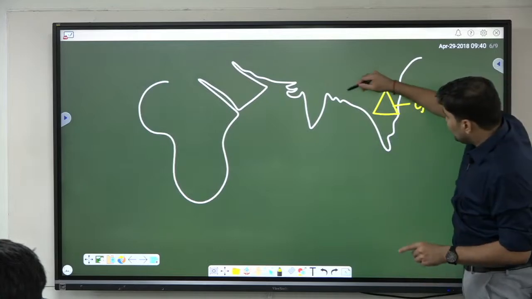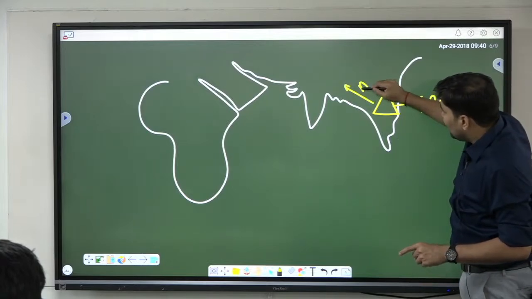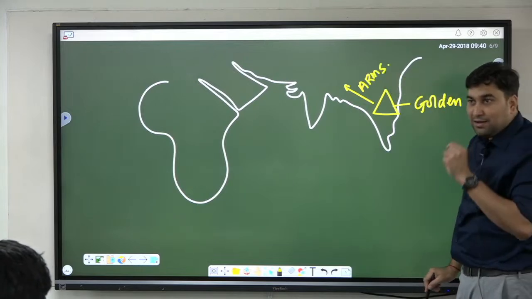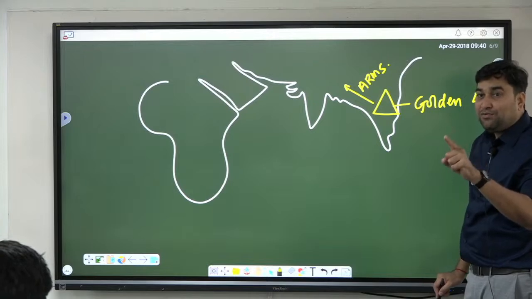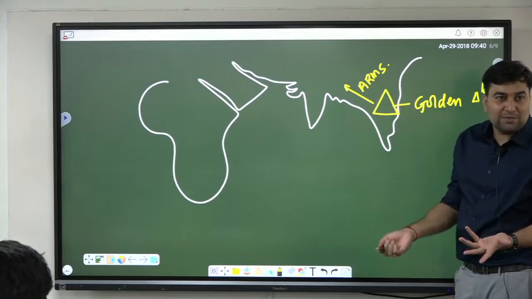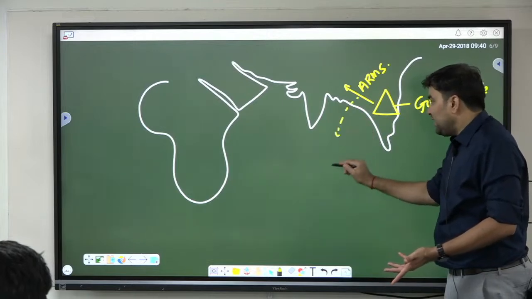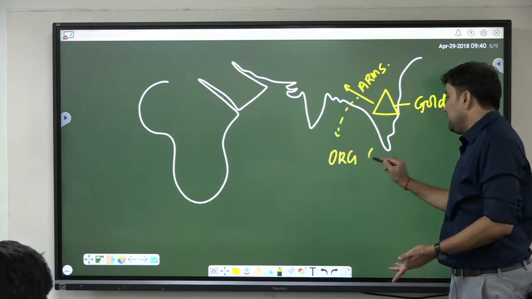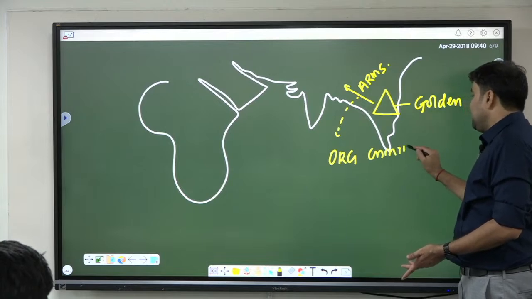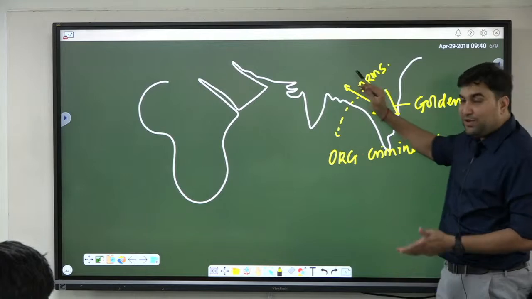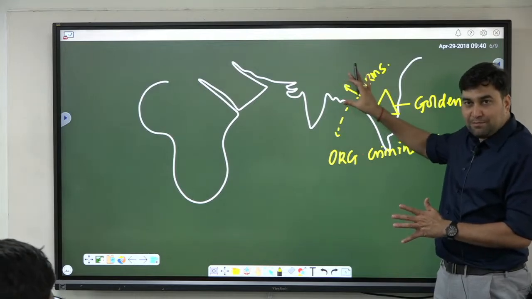So because of this easy availability of arms, getting the idea? Similarly, because of arms being available, violence will happen easily. Plus, there is something called organized criminal linkages between Northeast India and different groups present.